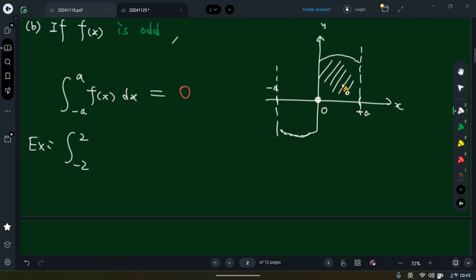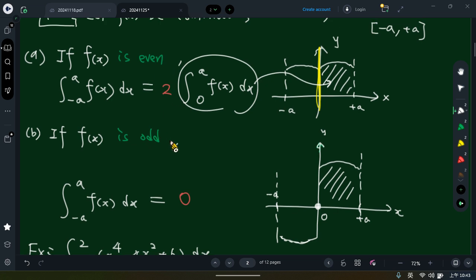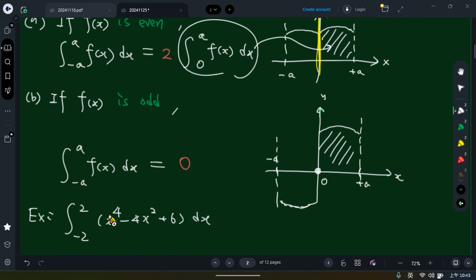Okay, so if we do this, when we calculate this one, you can see x to the power 4. Is it even or odd? Even, right?